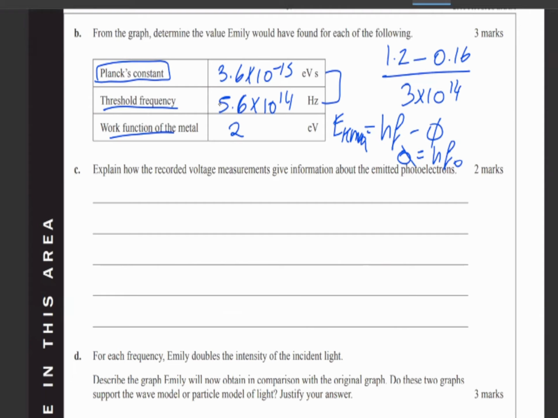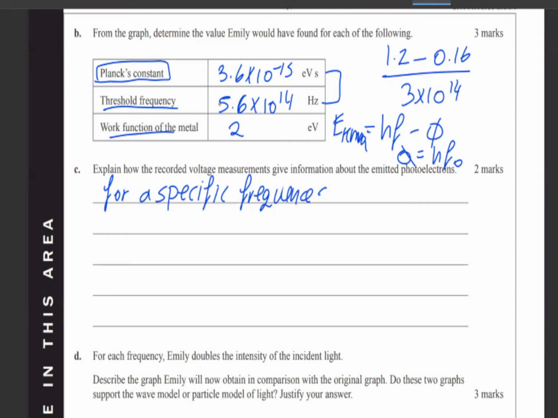Explain how the recorded measurement gives information about the emitted photoelectron. So for a specific frequency, this is basically talking about stopping voltage and EK max.